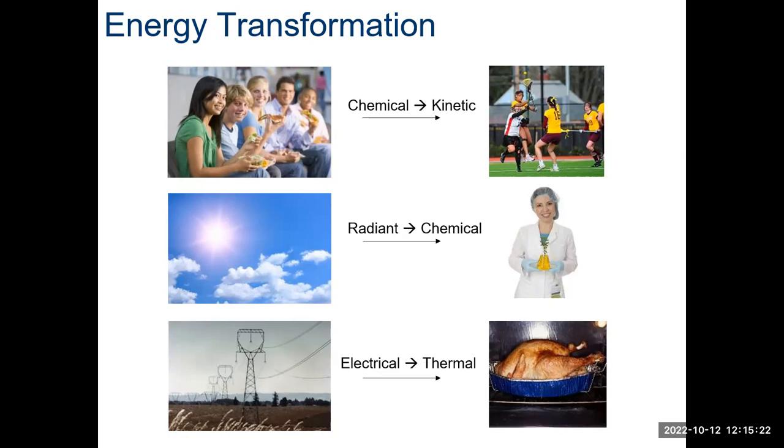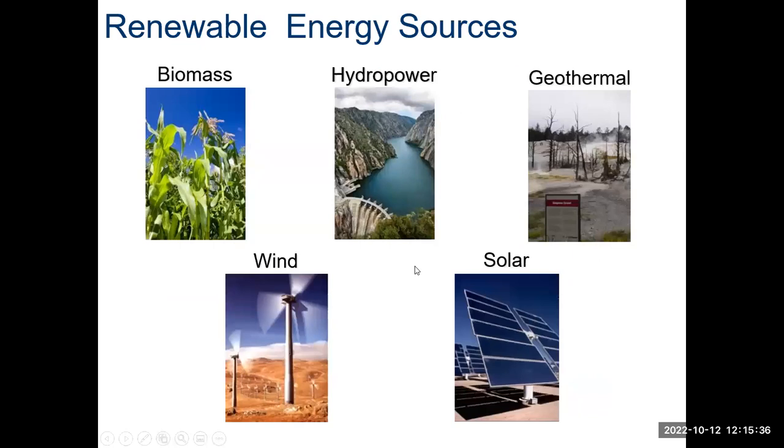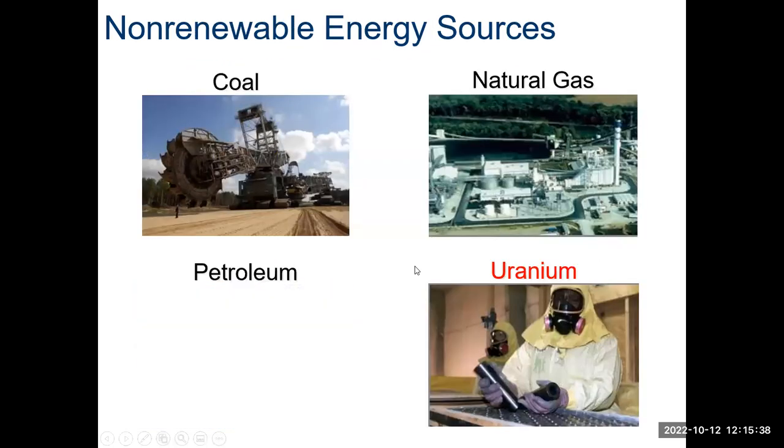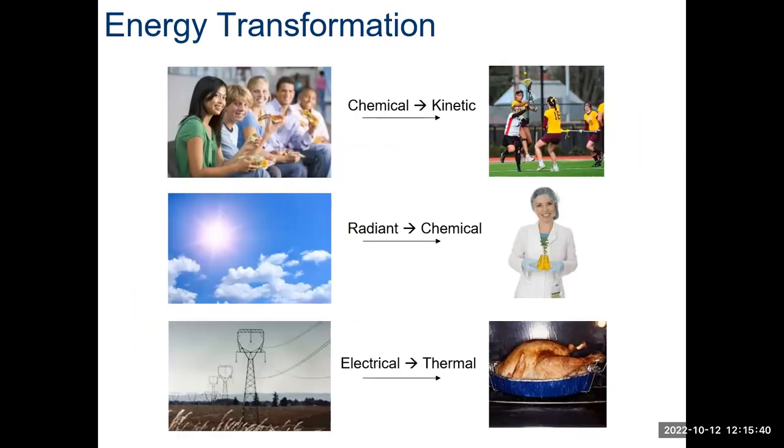Then the last example, we have electrical energy that is converted into thermal energy. So energy transferred to an oven is converted into thermal energy so we can heat our food up, right? So those are examples of energy transformation.